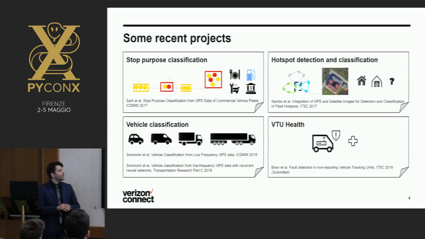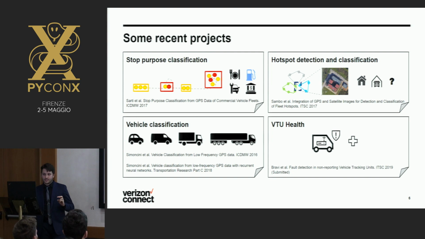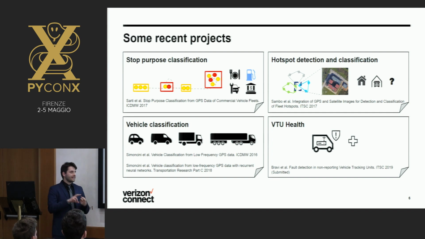Now, with all the data that we've gathered throughout the years of VTU messages, we have developed a lot of smart products, such as stop purpose classification, which means identifying the stops of the vehicles and detecting their purpose. Hotspot detection, which means identifying which stops are actually hotspots, for example, the depot of the vehicle or the driver's zone, and so on.